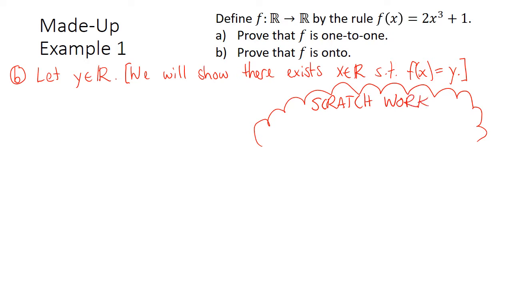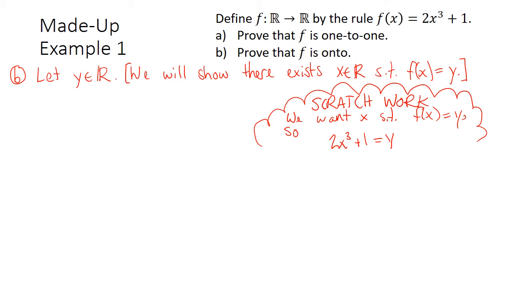So what I need to do is actually solve for what x would produce y. Okay? So we want x such that f of x equals y. Well, what does that tell me? So what I need is that 2x cubed plus 1 equals y. And now I'm just going to solve for x.